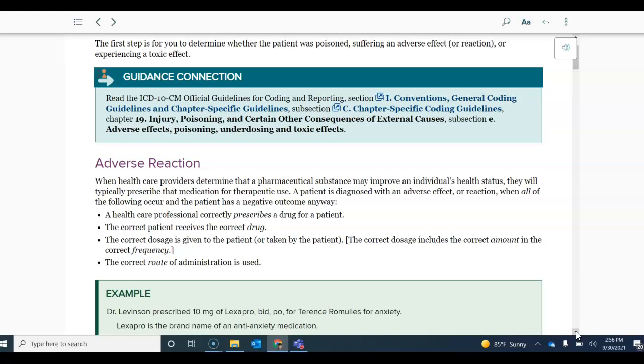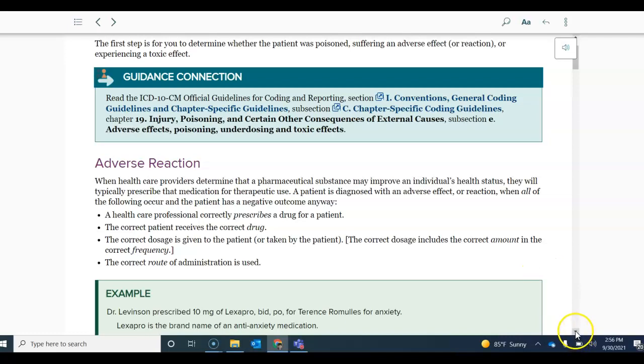They did everything right, but the patient still had a reaction. Okay, so you would code the actual condition, whether it was a rash or whatever it would be, and then something from the table of drugs and chemicals.